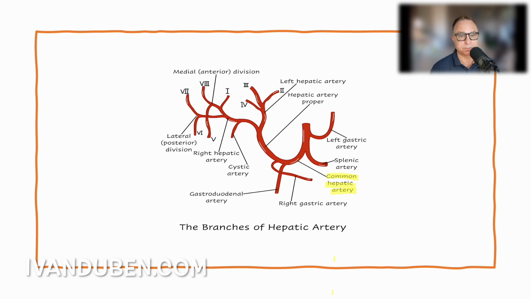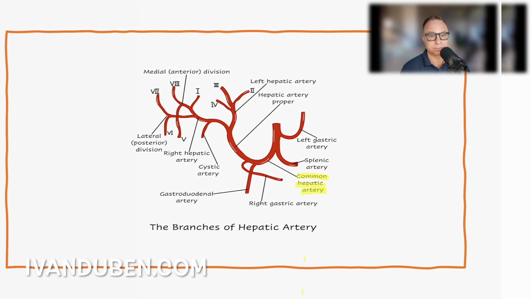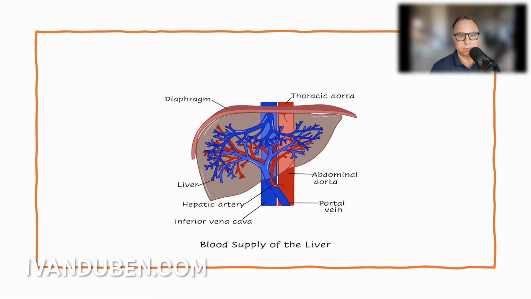We get an idea here of the branches of the hepatic artery. Here's a combination of the arterial and venous supply of the liver, both forming what look like two trees that come into the liver to support all the different segments of the liver.